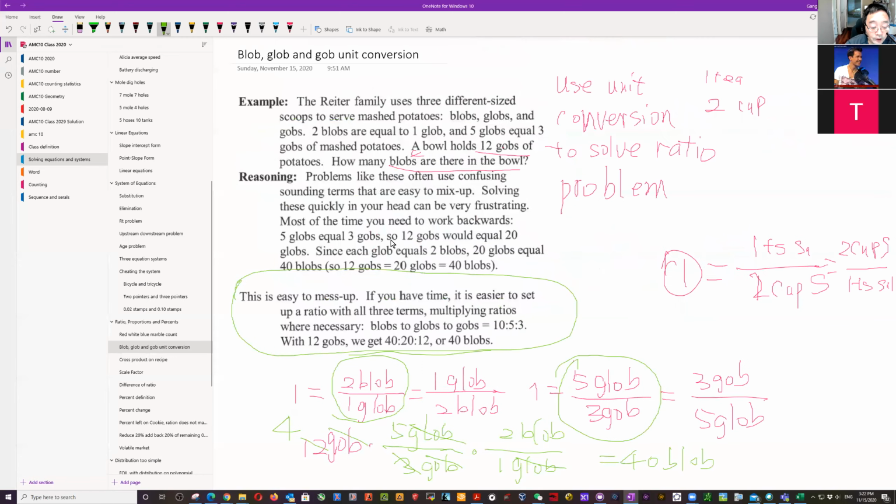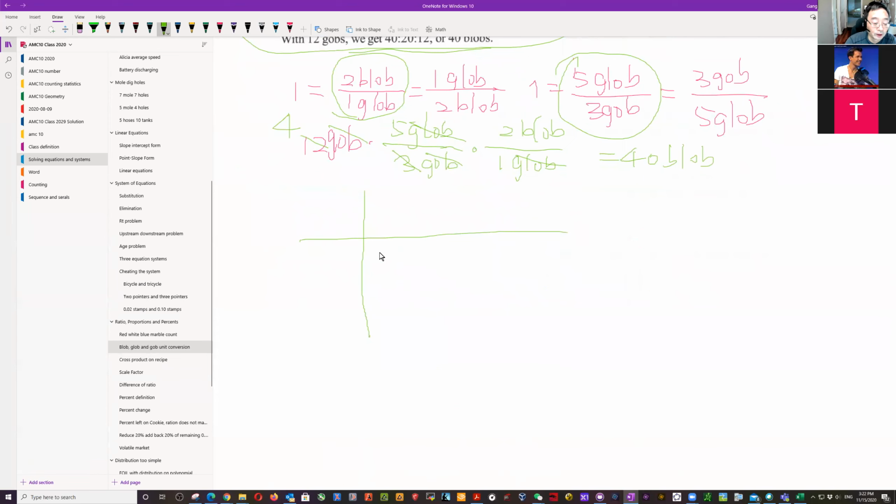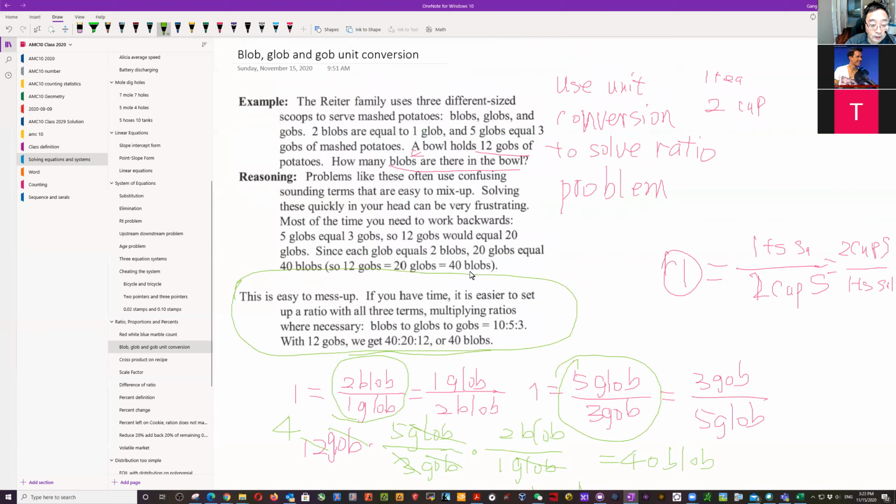So we know here that one blob is equal to one gob. So basically, blobs and the gob, and there also is a glob.